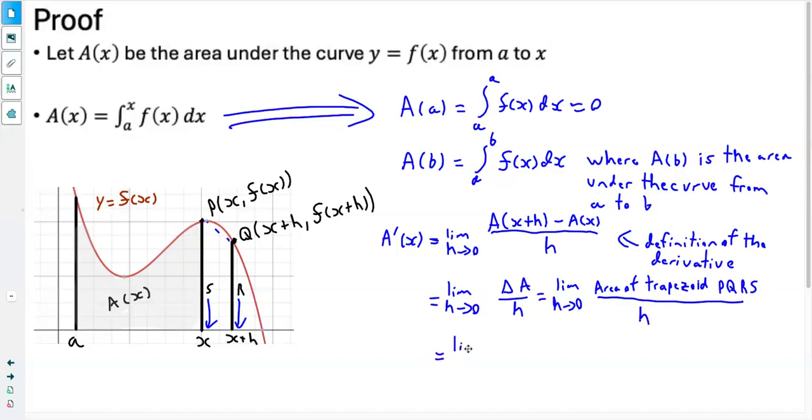Now this is equal to our limit as h goes to 0 of 1/2 times f of x plus f of x plus h times h over h, where this is essentially our area of that trapezoid.